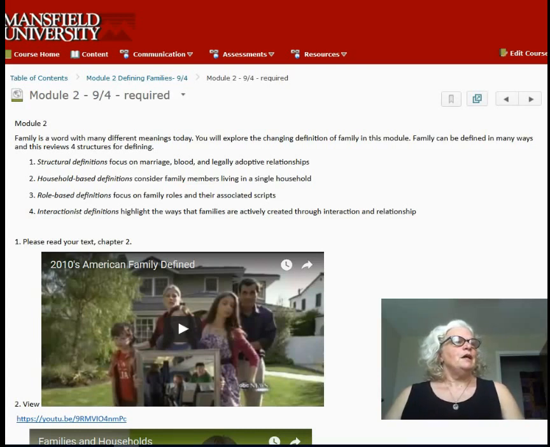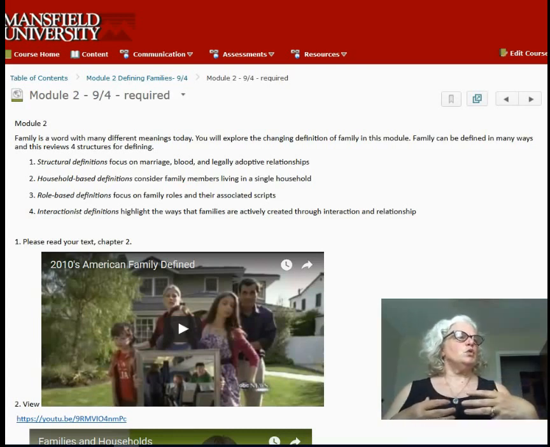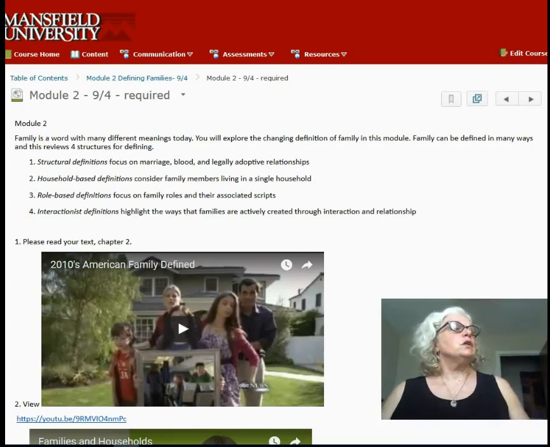With that said, as I said, we're looking at defining family. We're going to find out that family has very different meanings today than it may have in the past, or different meanings to us as individuals than it does to the legal system. So there are 4 structures for defining the family.